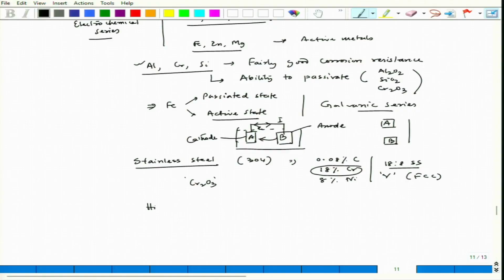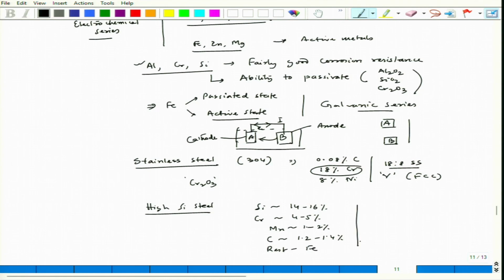Let us say we have another steel, high silicon steel. A typical composition could be silicon of the order of 14 to 16%, chromium of the order of 4 to 5%, manganese of the order of 1 to 2%, and carbon 1.2 to 1.4%, and the rest of course iron.